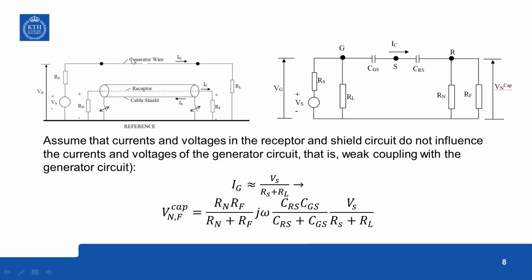So the current in the generator circuit IG, under the assumption of weak coupling between them, we can write as Vs by Rs plus RL.